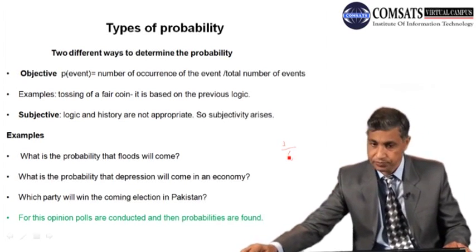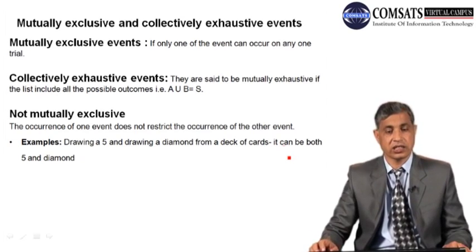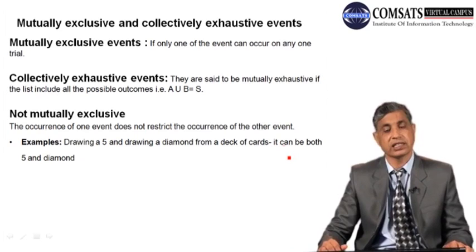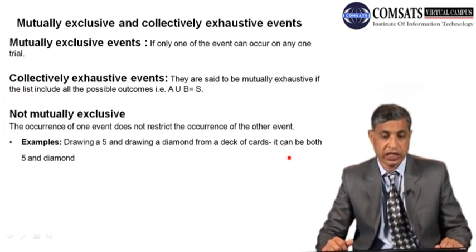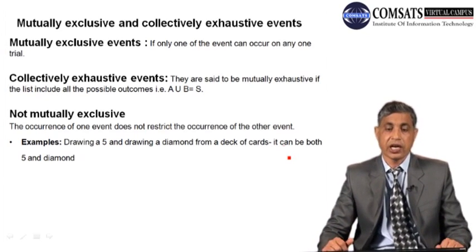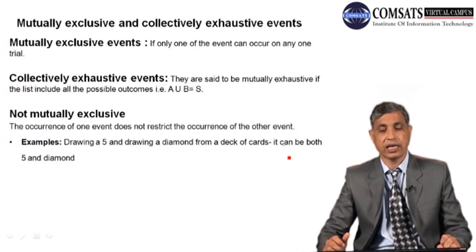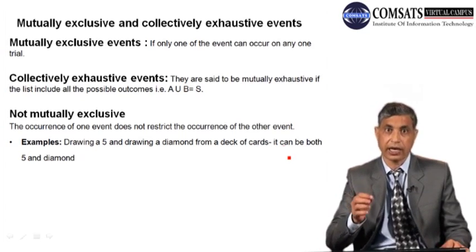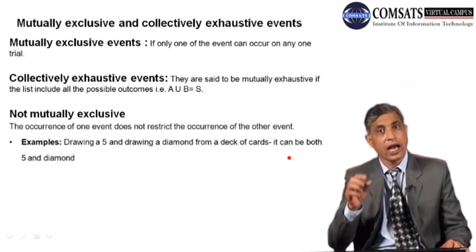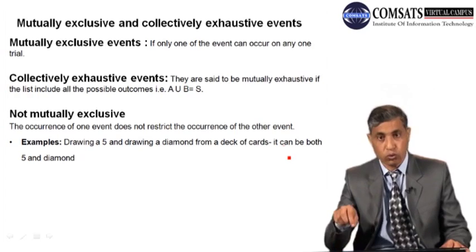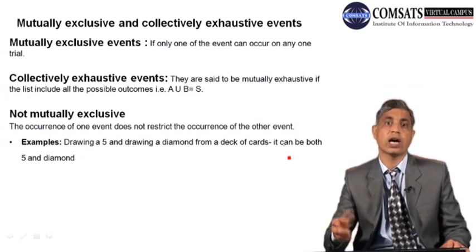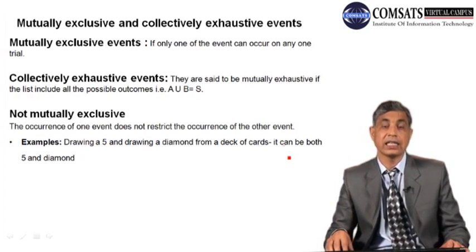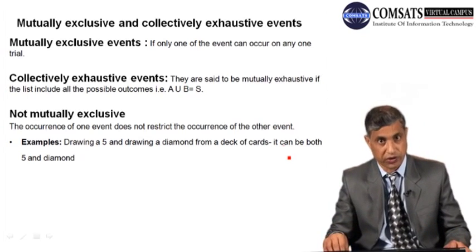and we cannot depend on this information. The next is, what are the mutually exclusive and collectively exhaustive events? Mutually exclusive events are those where only one of the events can occur on any one trial. For example, if we conduct only one trial and there is the possibility that only one of the 2 or 3 or 4 or 5 or 6 options can occur, this is the mutually exclusive event.